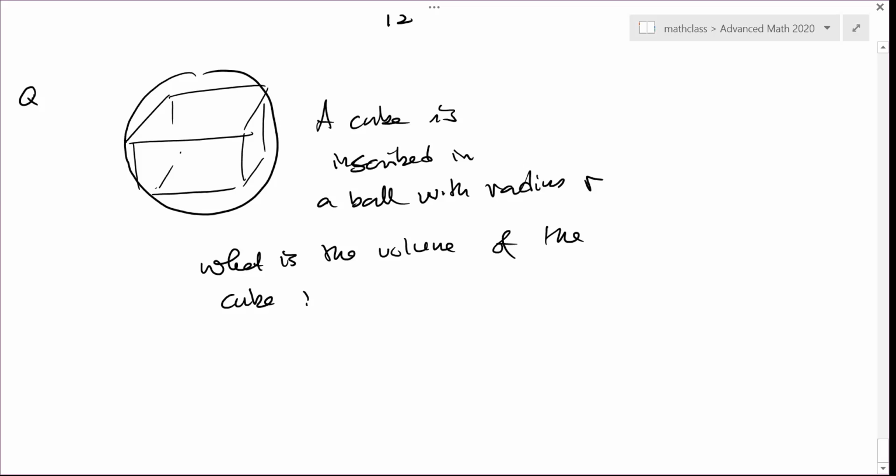So all you need to do is find the edge length of the cube, right? We have to find the edge length of the cube.